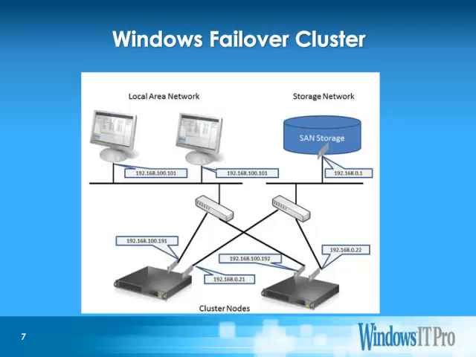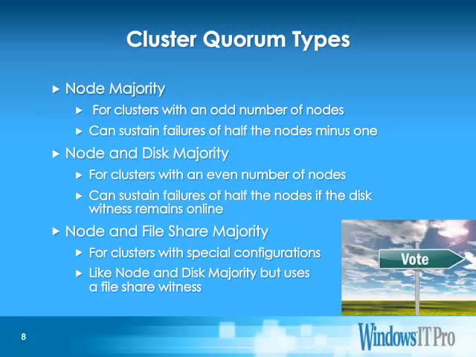Should one of the nodes be unavailable, those clustered resources will be restarted on the remaining node, and those client systems will connect to those new resources running on the remaining cluster node with minimal interruption and downtime. And again, one of the key components that's making this work is that there is shared storage in the back end. So each of these cluster nodes is connected to that shared storage.